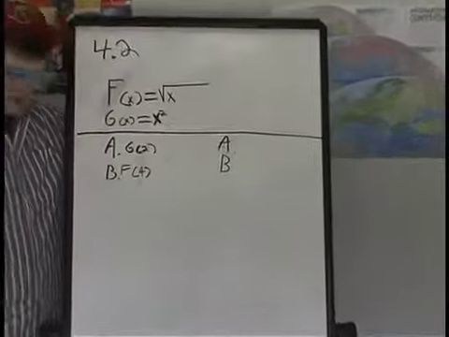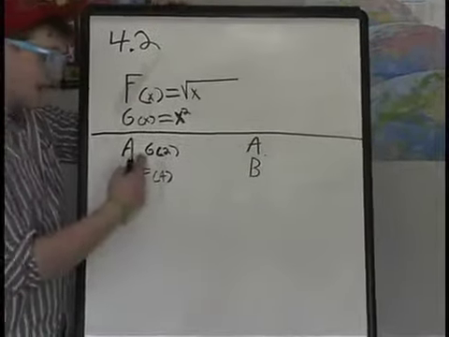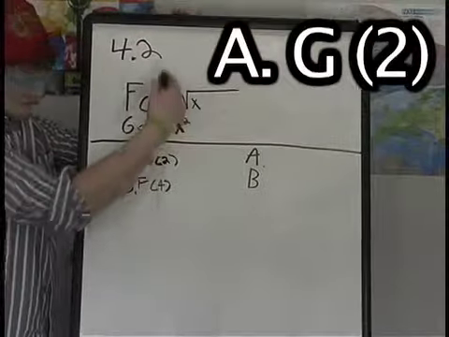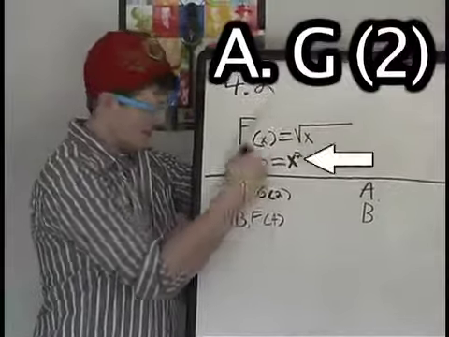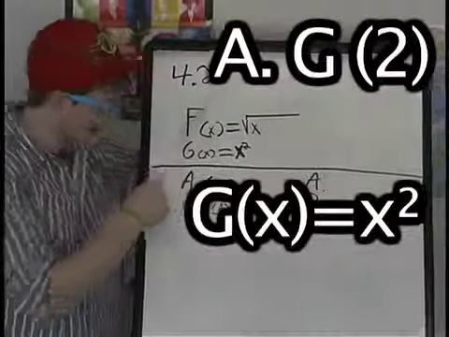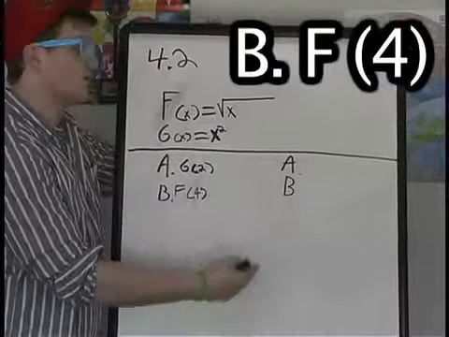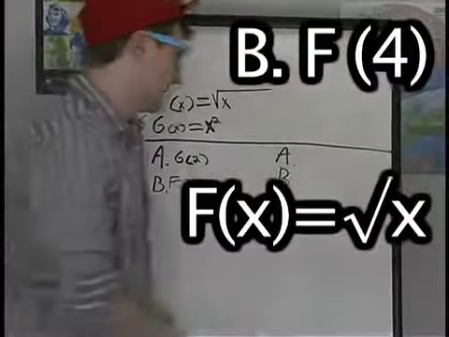Now, if I take the problems a, g of 2, which one of these do you think you'd plug it into? That's right, g of x. And b clearly then must go with f of x.